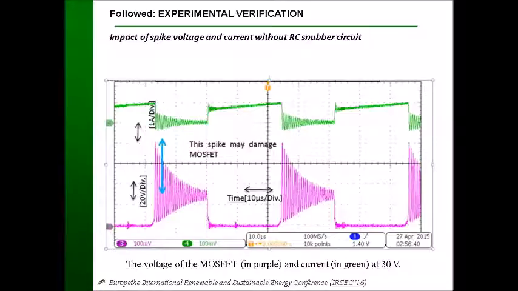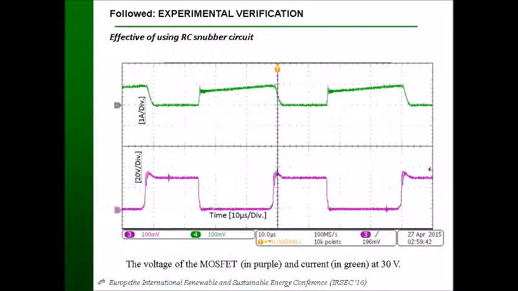When the MOSFET works many times, it will be damaged. So this is why I designed the snubber circuit. Please notice here the spike voltage, because the next slide will show you how the voltage is reduced.